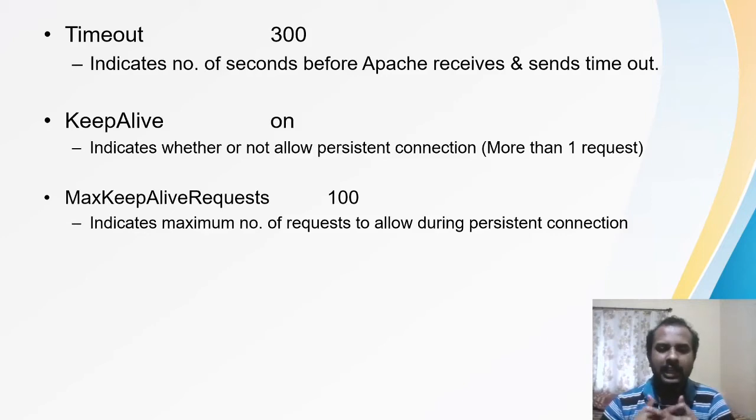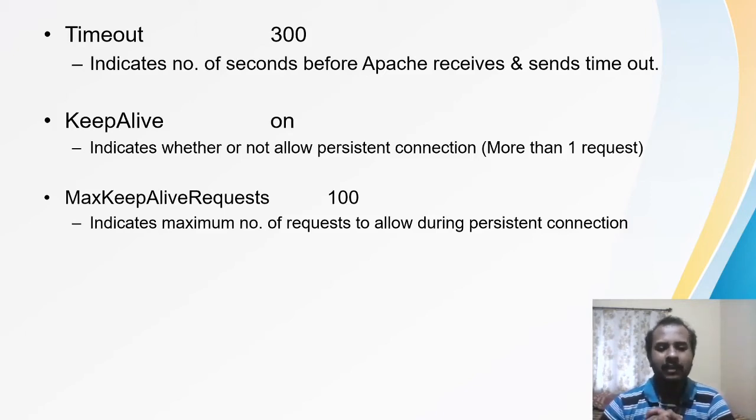But when you make keep alive on, you are keeping the connection on for the next request also from the same user or from the same connection. When you make it on, you can have more than one request, but if you keep it off, then you can only have one request per one connection.